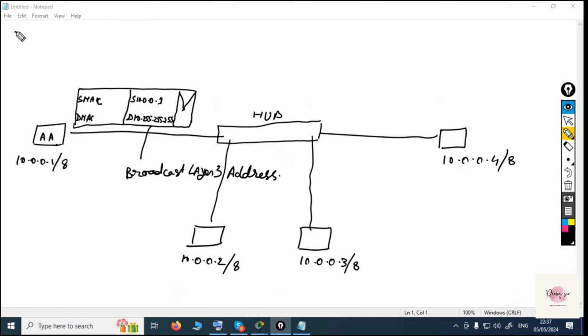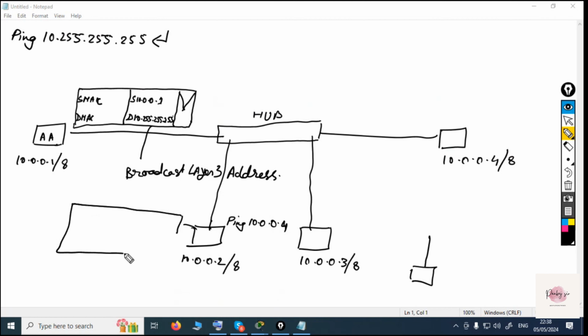I wrote ping 10.255.255.255. In the class, I told you, if I ping from this PC 10.0.0.4, what will happen? A data will be generated, ICMP data.